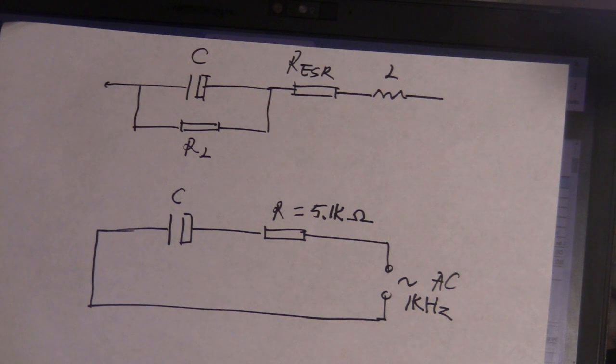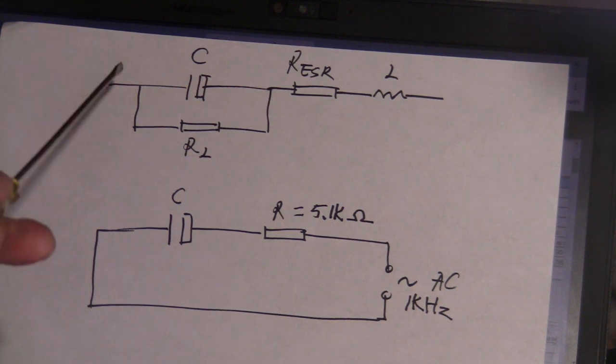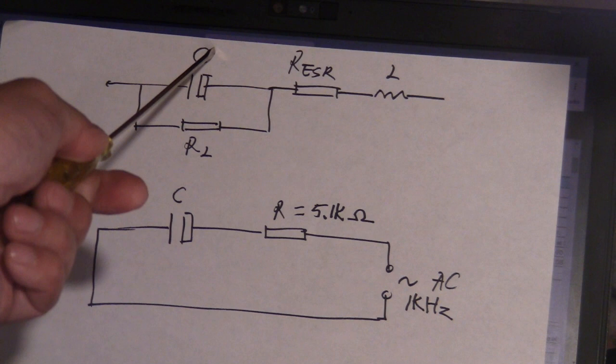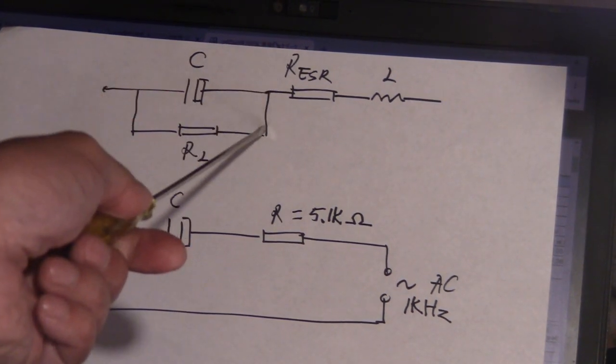Let's say we have a coupling capacitor which connects the input signal to our power amplifier. We're supposed to have one very ideal capacitor here.